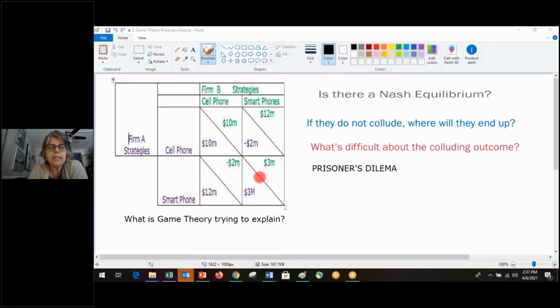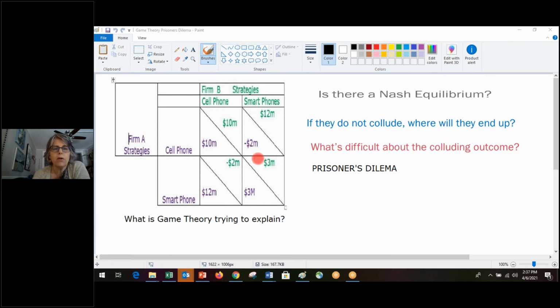Now, is this a Nash equilibrium? Does either one of these players have a desire to change their behavior? Firm A can choose this box or this box, right? The only thing they can change is their behavior here. If you're at this box, firm A is not going to move here because that would be negative.